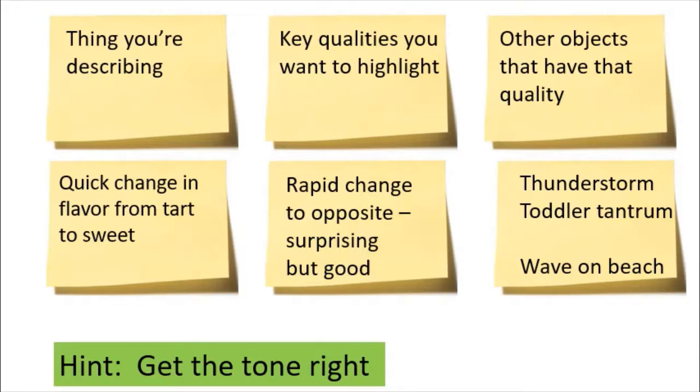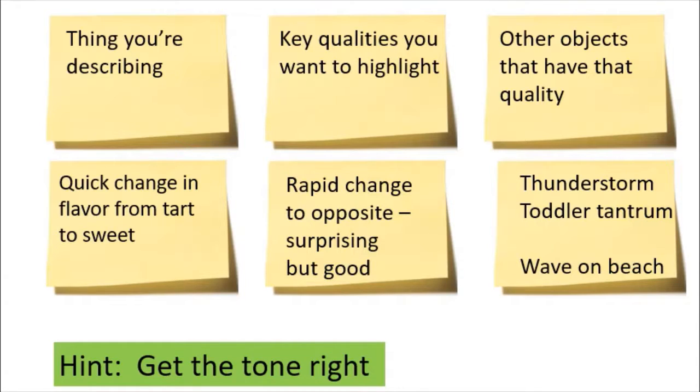And the quality I want to highlight is how fast it happens. And I think, what are other things that have really fast changes? Like a sudden thunderstorm, maybe a toddler who goes from happy to tantruming in less than a second, or maybe a wave that crashes on a beach.